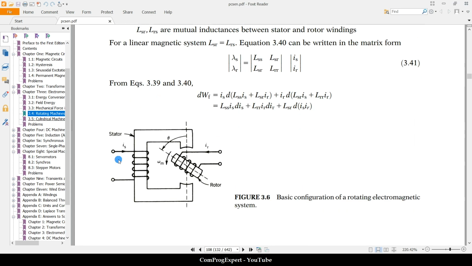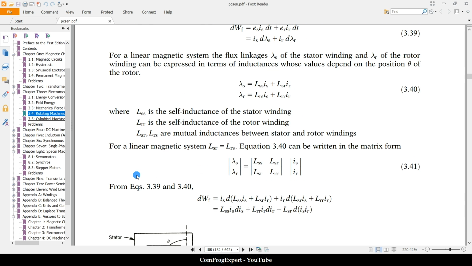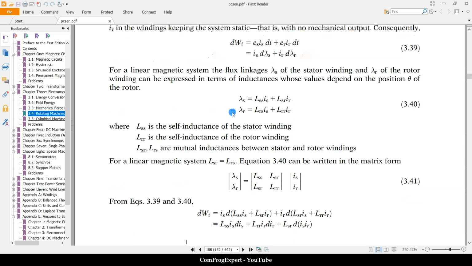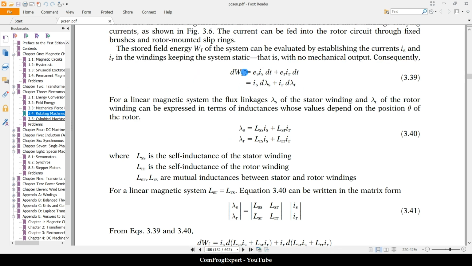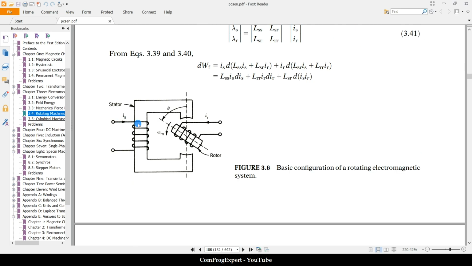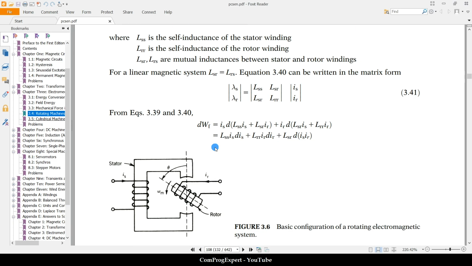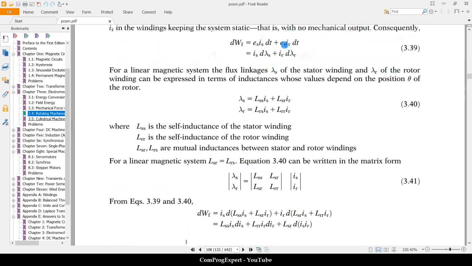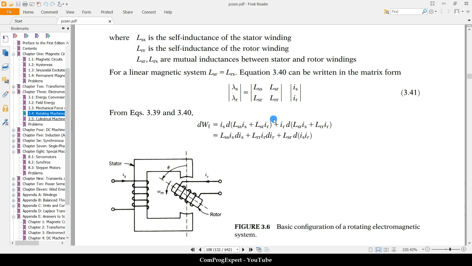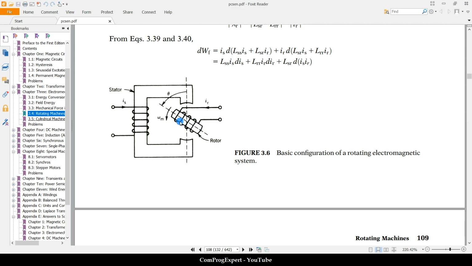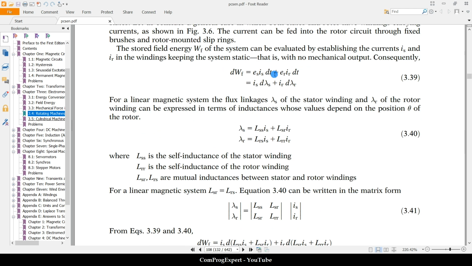When we excite these two coils, how much is the change in the value of the stored energy in the magnetic field? It is Es times Is dt, energy delivered to this stationary coil, and Er times Ir dt, energy delivered to this coil. So this is the summation.